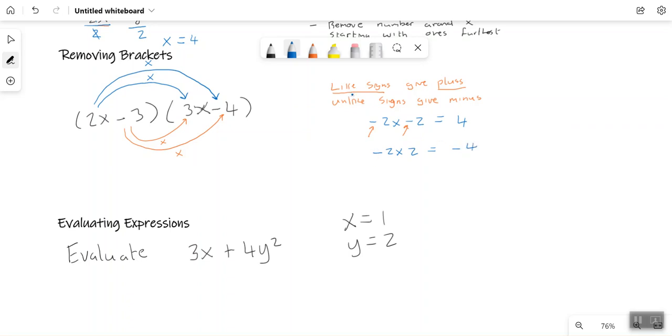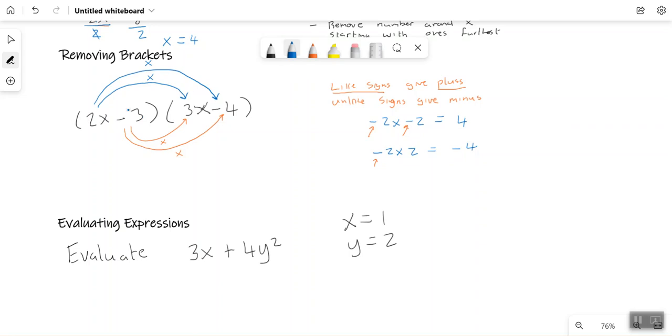Again, we're looking at the signs, and when there's no negative sign in front of the integer, that indicates that it's a positive integer. So this is positive 2. So negative 2 multiplied by positive 2, unlike signs give minus, gives us a negative answer. That's important to remember when you're working with this kind of question.